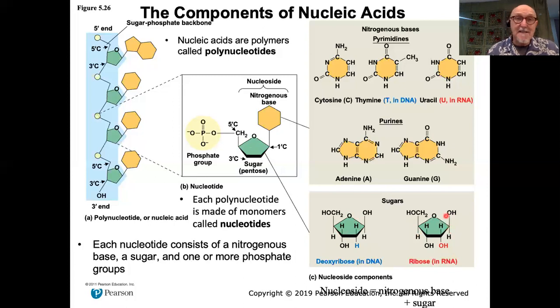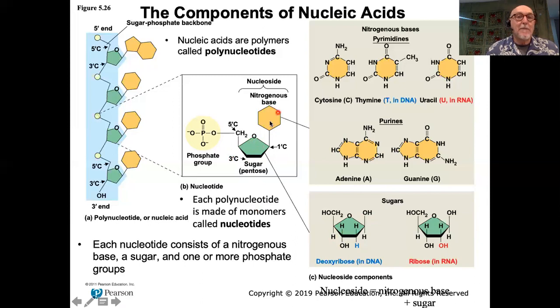The cell sees RNA, and it recognizes it because it sees this, amongst 1 or 2 other characteristics. The cell recognizes that this is RNA that it's working with. This here, it sees that, and it knows enzymatically that this is deoxyribonucleic acid. So that's the importance of the different sugars.